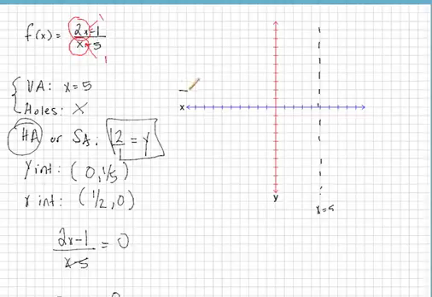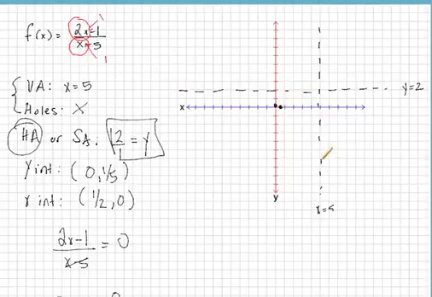So at y equals 2, I'm going to put a dotted line, and I will label that. And it looks like we have 2 points to put in. We have an x-intercept, so we'll go to (1/2, 0), and (0, 1/5). Right here. Right next to each other.